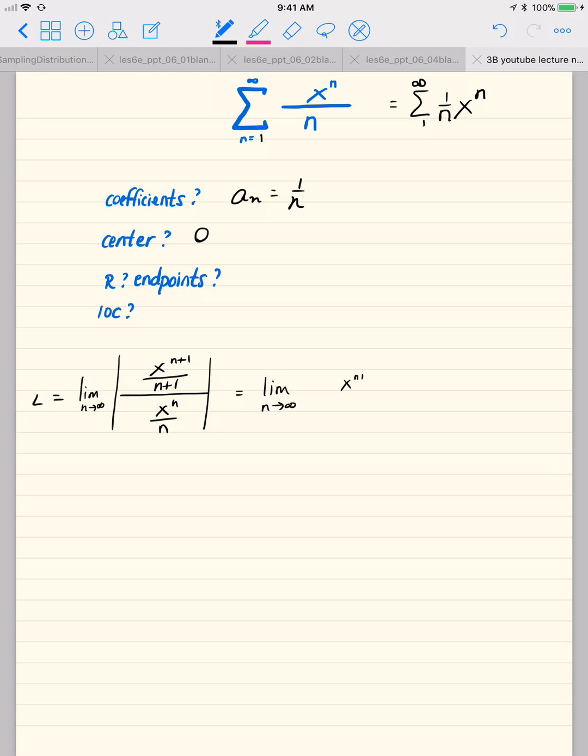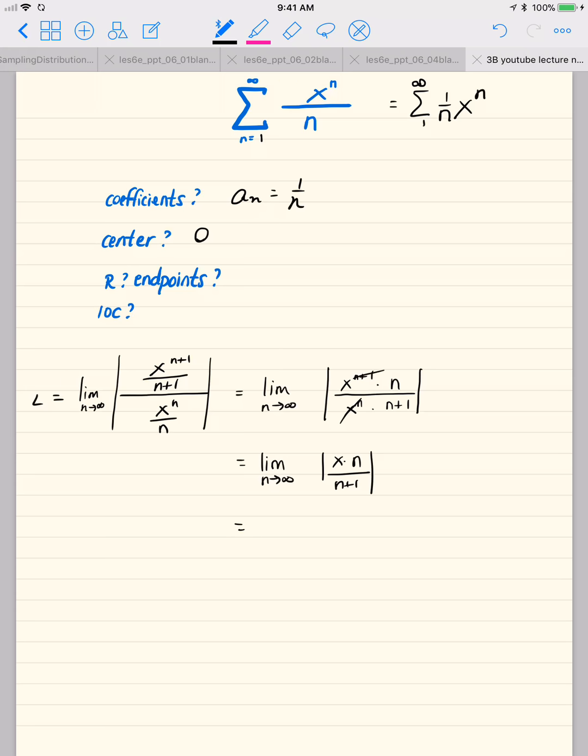So I'll have x to the n plus 1 times n, and then x to the n times n plus 1, absolute value. And the x to the n cancels out in the numerator and the denominator. I just get the limit as n goes to infinity of the absolute value of x times n over n plus 1.